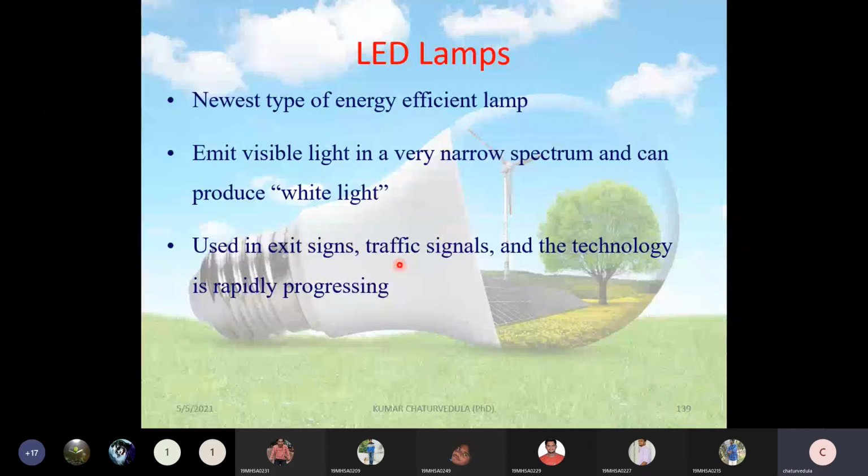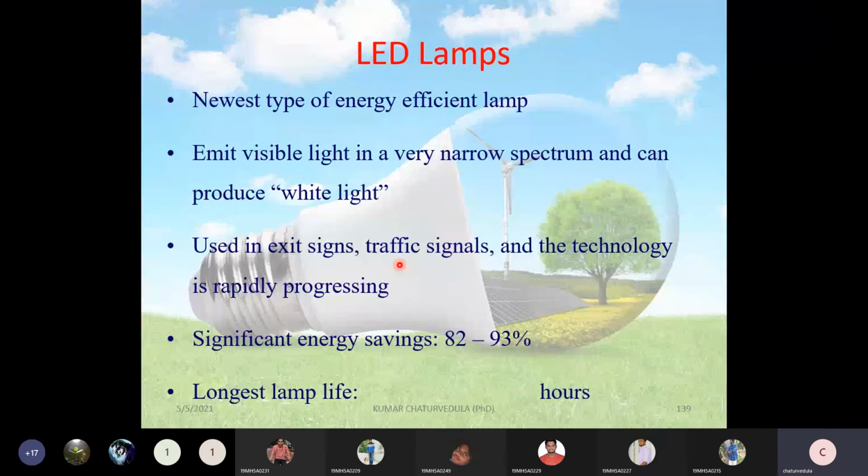That was the primary application of LEDs, but now they are in every part of a lighting system because of the change in technology. The energy savings found with LED lamps is between 82% to 93%. So 93% energy efficiency is made possible because of LED lamps.